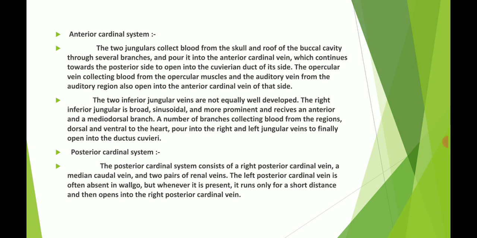The left posterior cardinal vein is often absent in Wallago, but whenever it is present, it runs only for a short distance and then opens into the right posterior cardinal vein. This posterior cardinal system consists of the right posterior cardinal vein, the caudal vein and the pairs of renal veins.